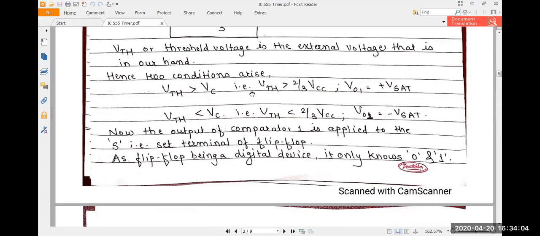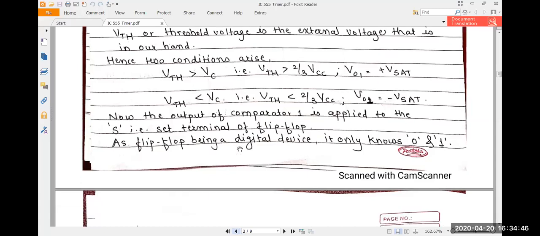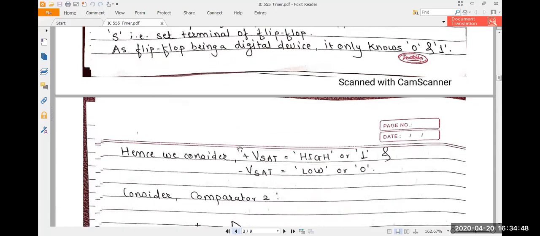So this output of comparator 1 is applied to the set terminal of the flip-flop. Remember, if you see the diagram, it is applied to the set terminal. Now, the flip-flop being a digital device, it only knows zeros and ones. That you all know. You have learned it in digital electronics.